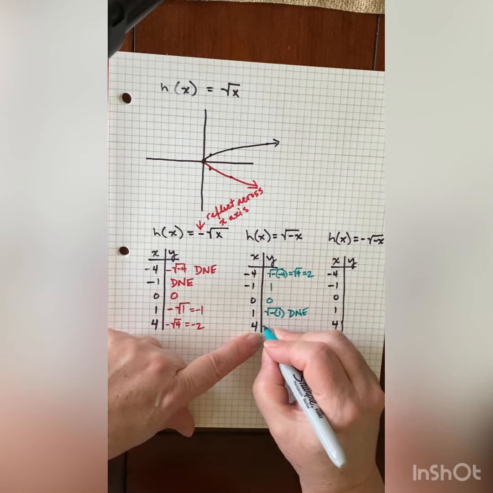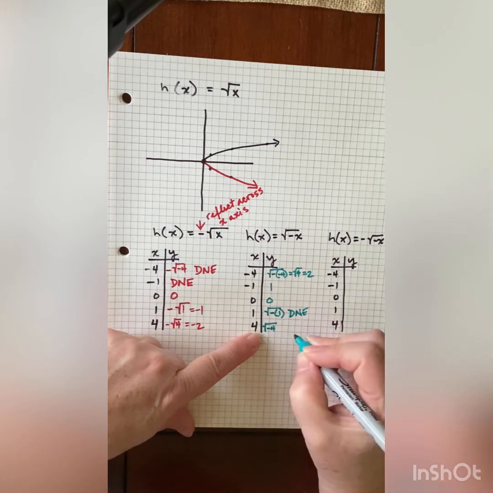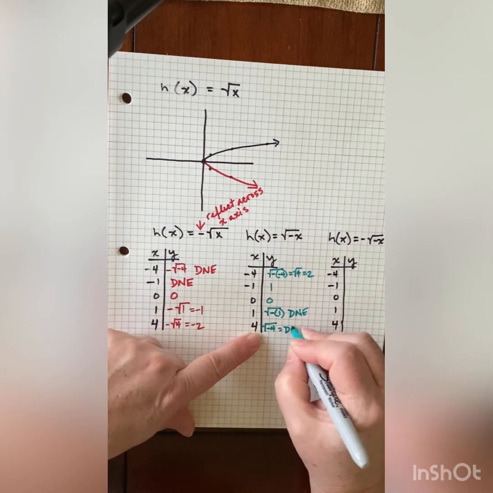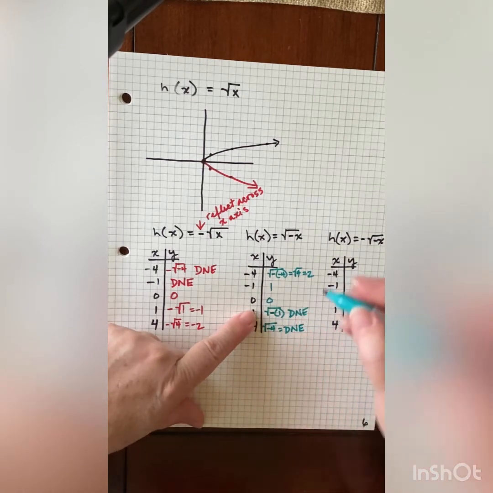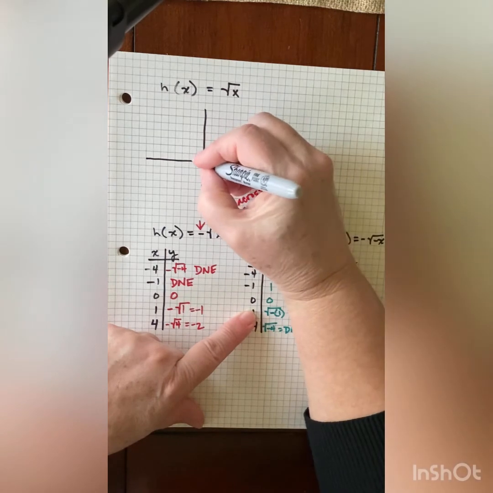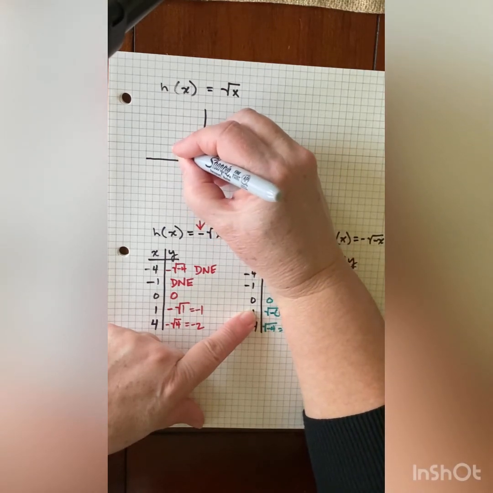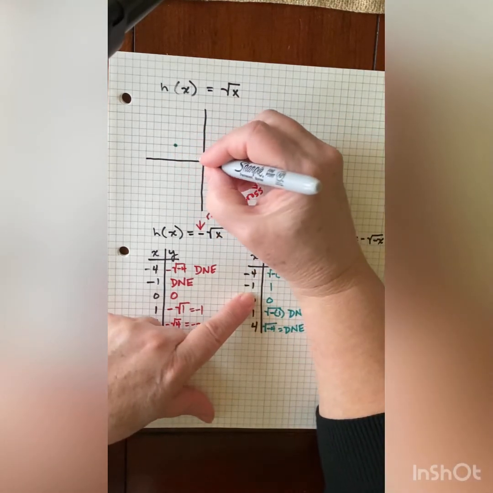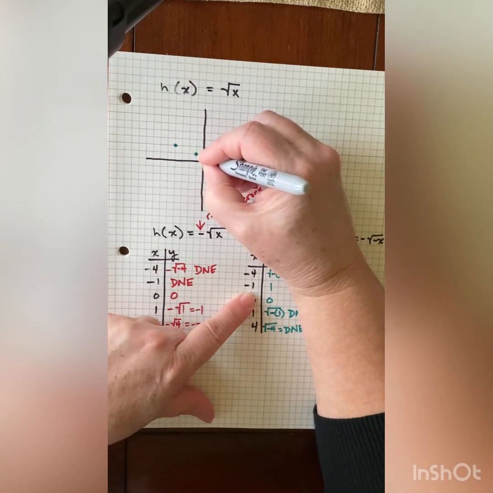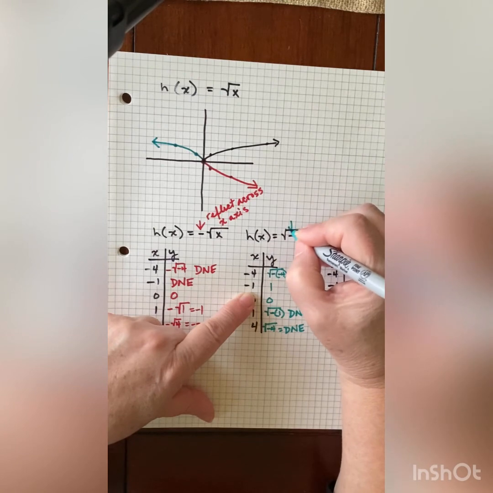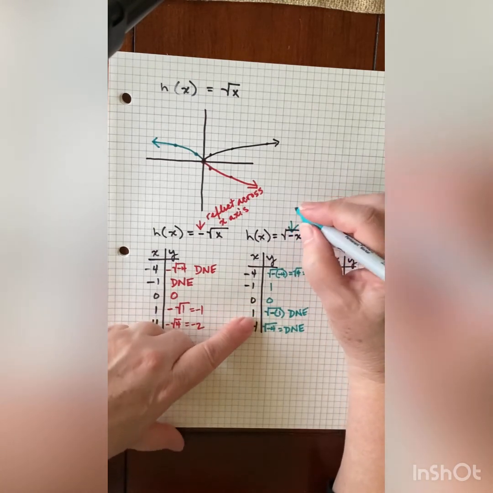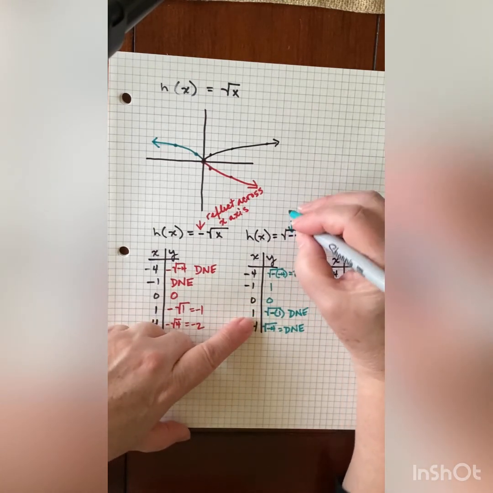And if I do this with the 4, it'll give me a negative 4 down there, so that does not exist. So I can't do these guys here. So at negative 4, it's at 2. Negative 1, it's at 1. And 0, 0. So this one went that way. So having that negative under there reflected it across the y-axis.